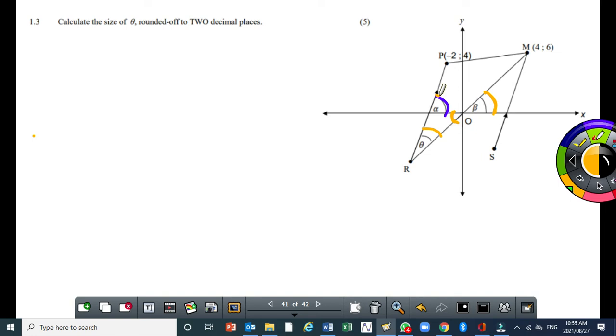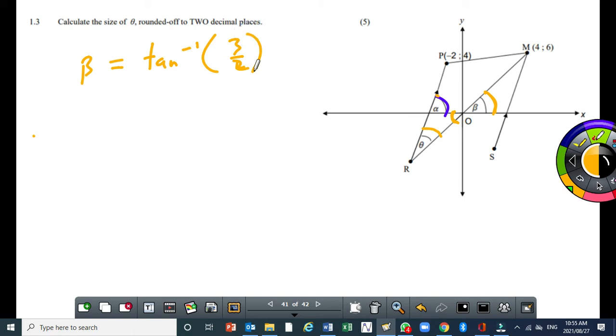So let's find beta first. To find beta, we're going to use the gradient of MR. We got that, it's 3 over 2. So beta is going to be equal to shift tan of 3 over 2.